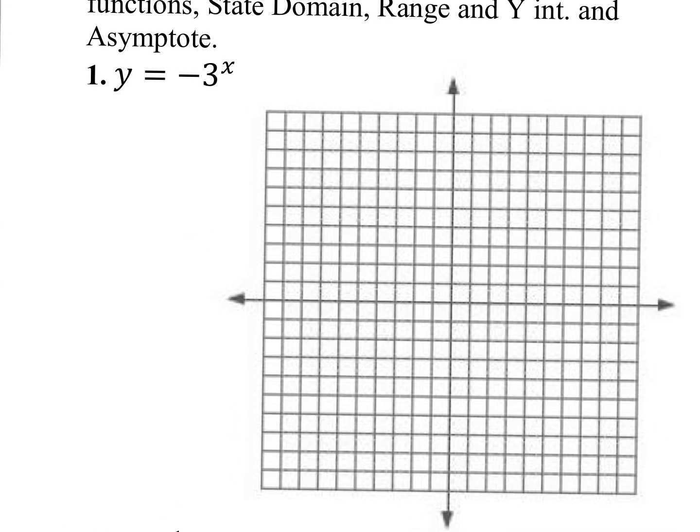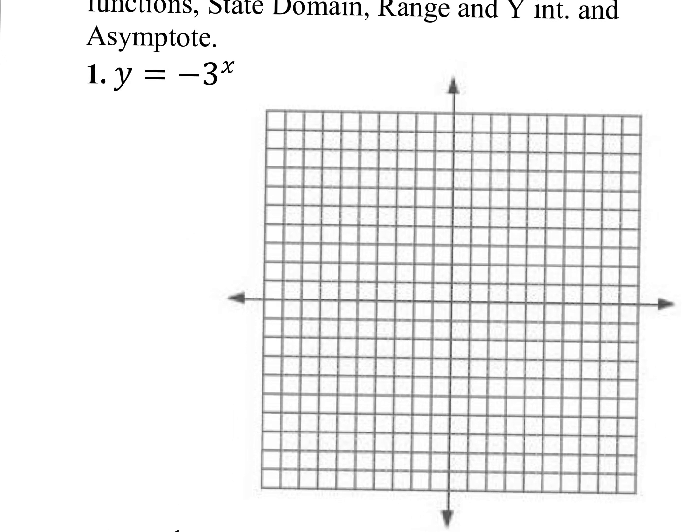Okay, now, first of all, I would put parentheses around the 3. That way we don't get confused. Or maybe even rewrite it. Y equals, your A value is technically a negative 1, parenthesis 3 to the X power, right? So I need to identify H and K. Is there an H? Nope.